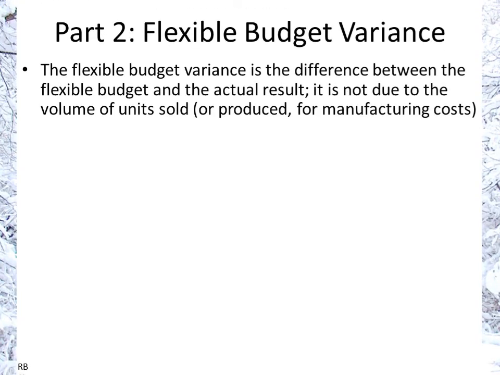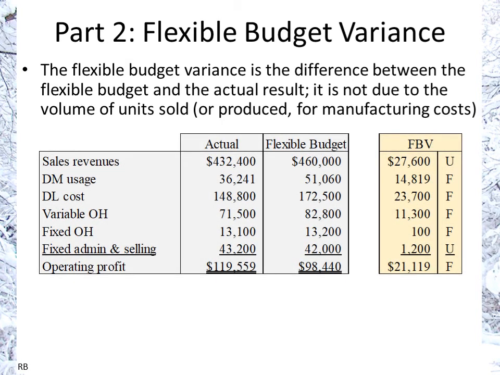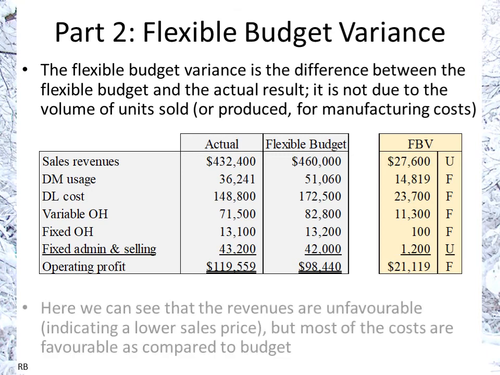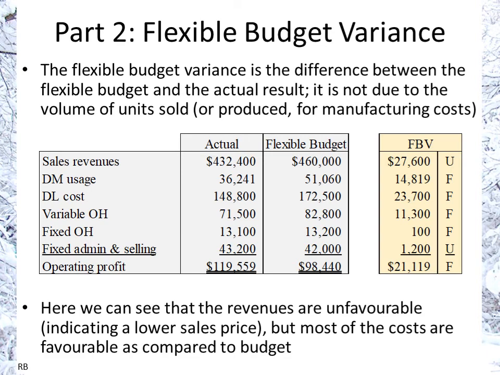The flexible budget variance is now the difference between the flexible budget and the actual result. It's not due anymore to the volume of units sold because we've covered that difference now. So here we have the actual amounts and the flexible budget amounts. Here we can see the revenues are unfavorable.